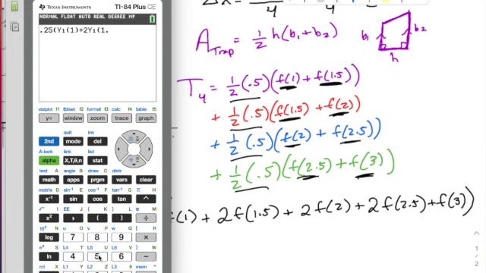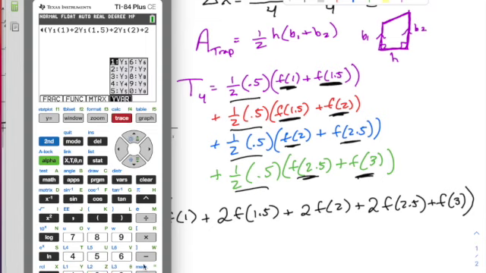I found this works pretty well, but it's certainly not perfect. I know it's a little tedious to type this out. Plus 2 alpha trace y1 of 2, plus 2 alpha trace y1 of 2.5, until finally I get to the end of the interval, and it only gets used once, so just don't zone out and keep pressing 2 y1.